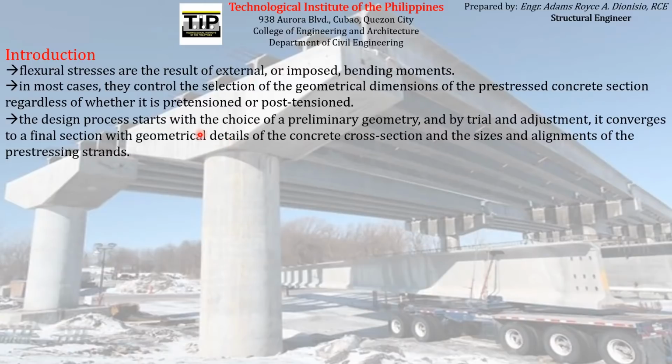So the design of flexural members, especially beams, usually starts with a preliminary geometry. You cannot start the design of any element, actually any element overall. You cannot start the design, even on actual design, if you don't have what we call a preliminary geometry or preliminary member size, wherein you will just assign a particular section to a member just to start the design process.